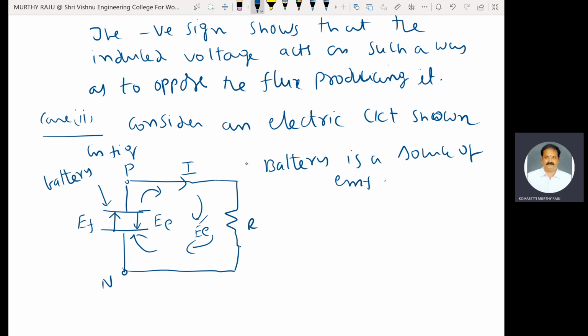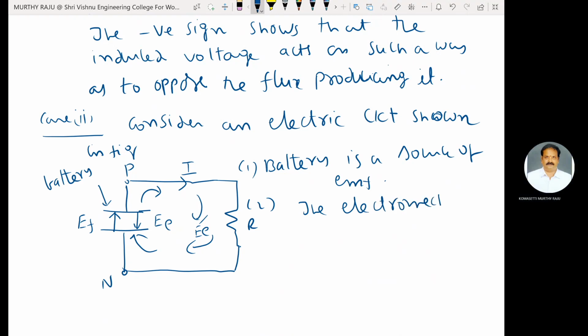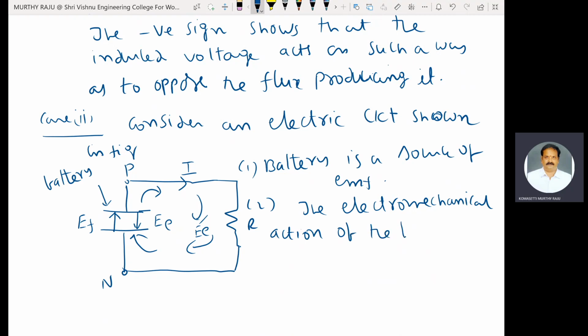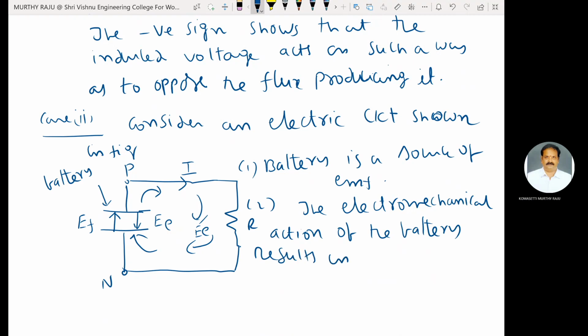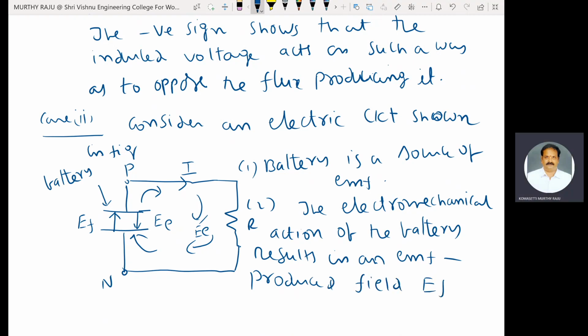The electromechanical action of the battery results in an EMF, an electromotive force, which produces the field E_F inside the battery.